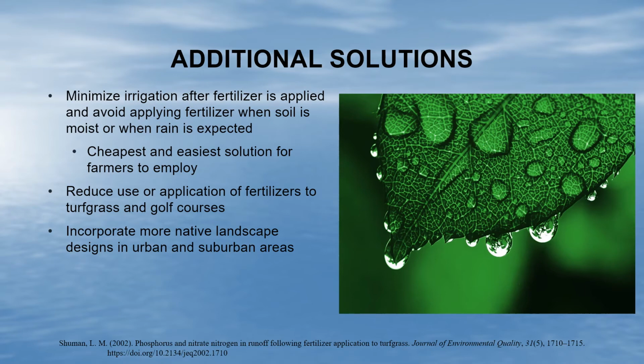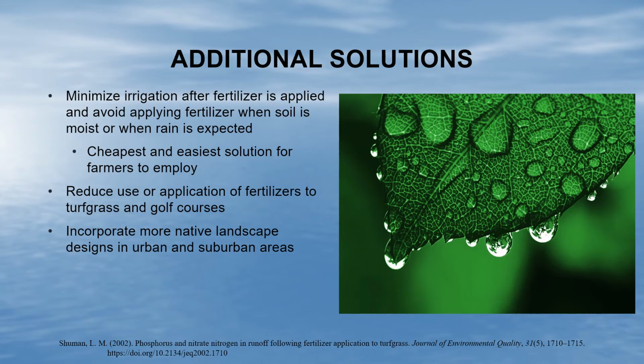And we can also reduce the use or application of fertilizers to things like golf courses and turf grass and lawns. There really isn't a need or a reason to have plush, green, luscious grass year round or in the spring and summer months.